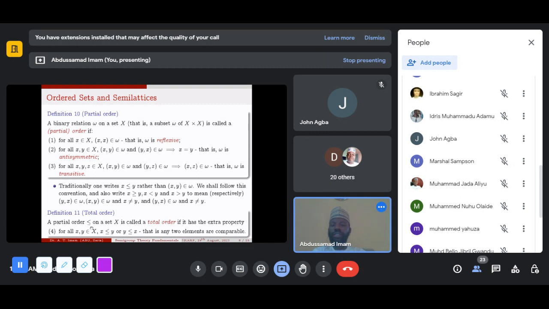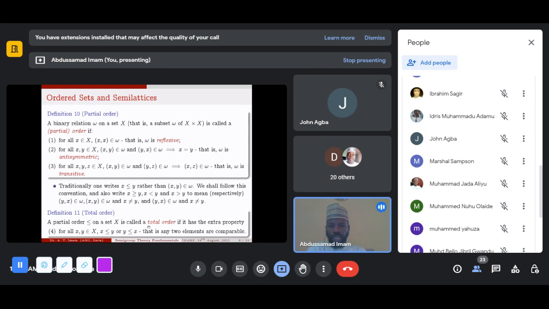So it all depends on the nature of the members of the set to be able to interpret what less than or equal to is. For example, if the set consists of a set of sets, then less than or equal to here will be containment. A set is contained in, or a subset of, another set. So you can see that depending on the context, the interpretation will differ.